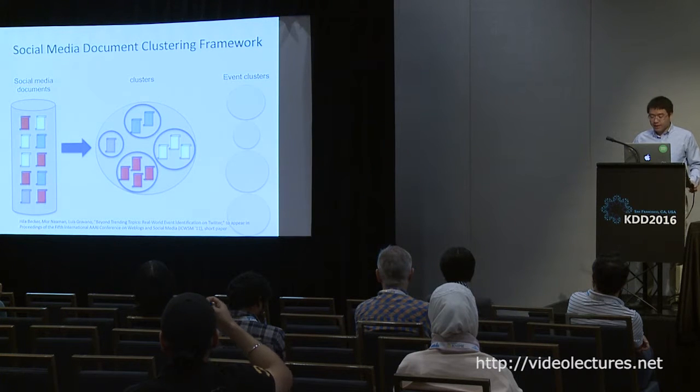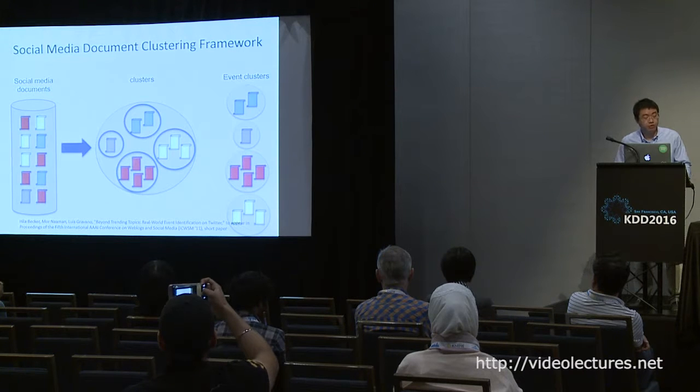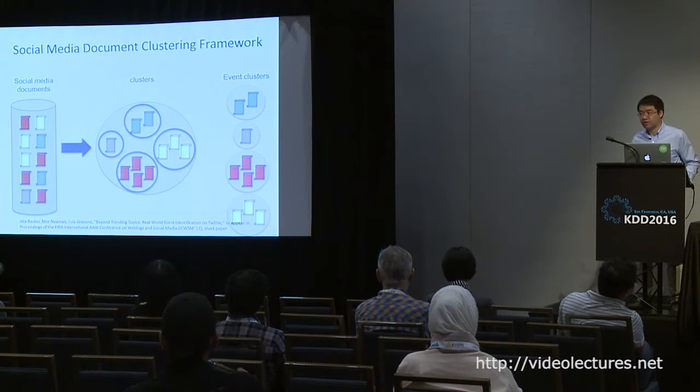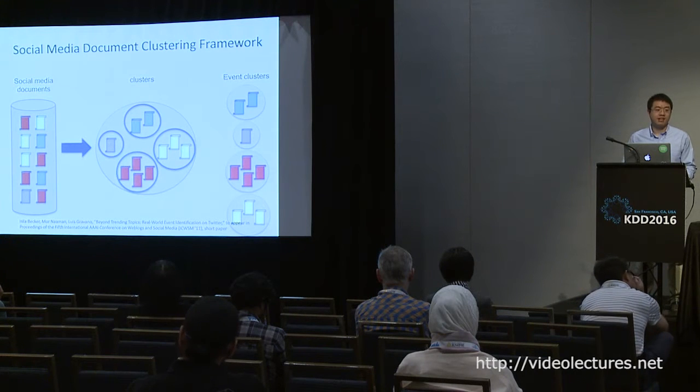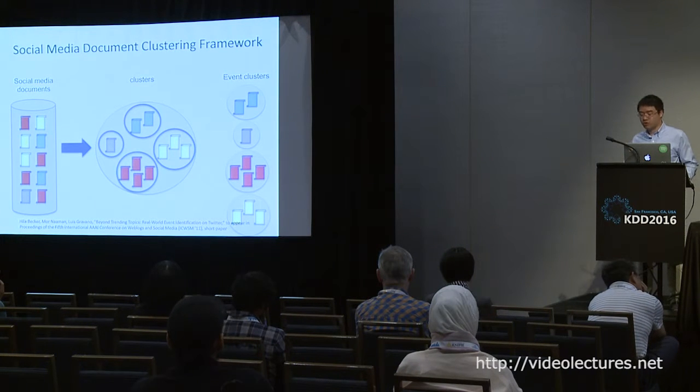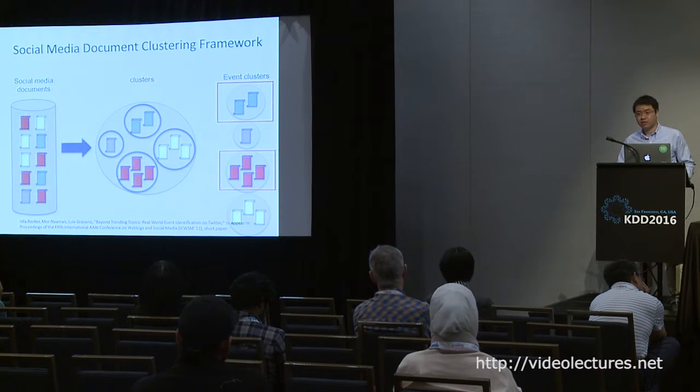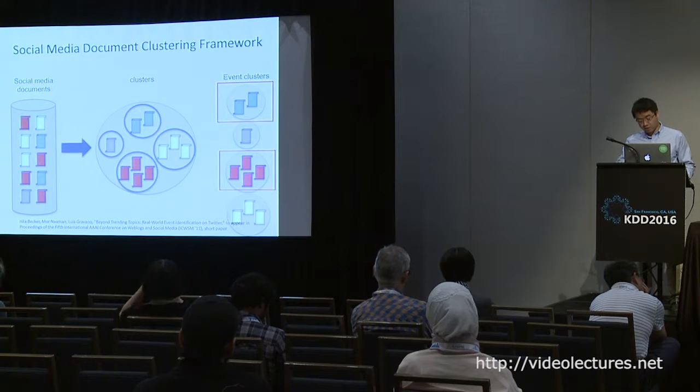Okay, and next, they need to infer whether these clusters are newsworthy or about an event or not. So in this step, they run a classification task to infer the labels of the clusters to see whether they are about the news or not. As a result of this classification, they can infer whether these clusters are about events or not.